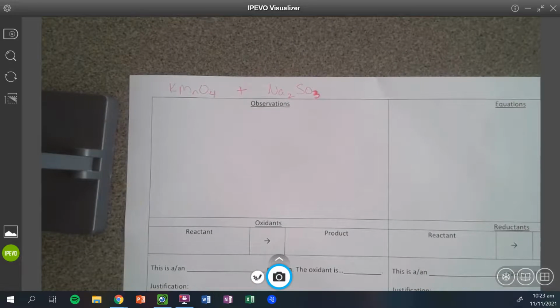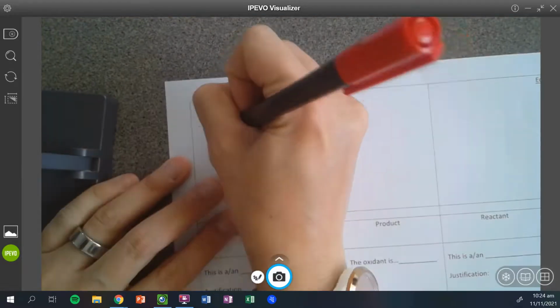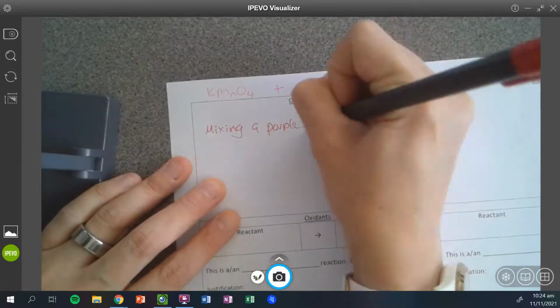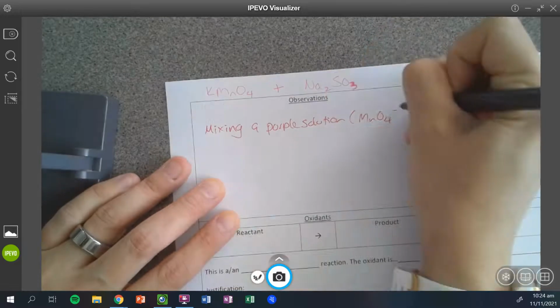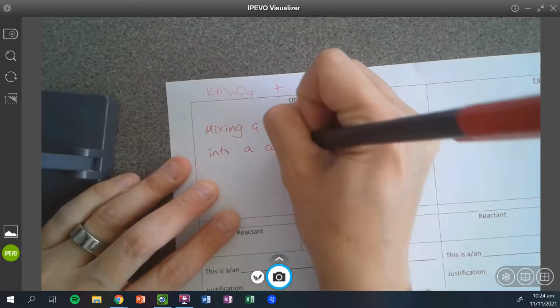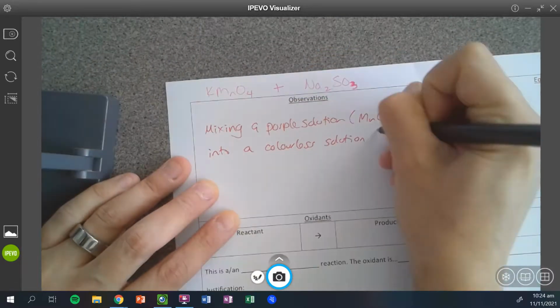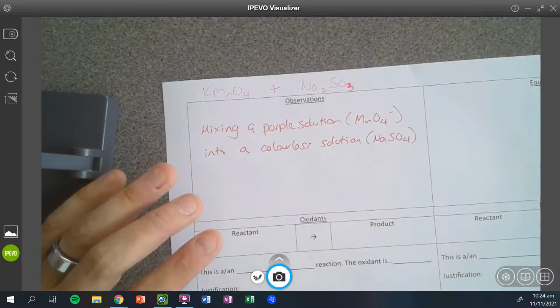So let's write that down first. Mixing a purple solution, specifically that's caused by my permanganate, into a colorless solution, which is that Na2SO3, because the whole thing is colorless.